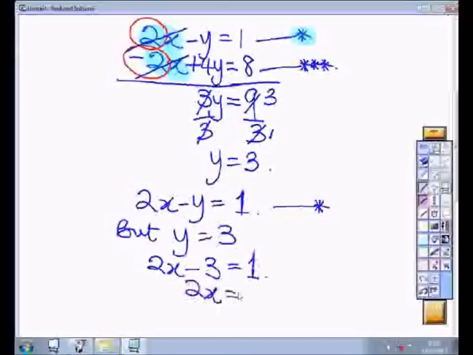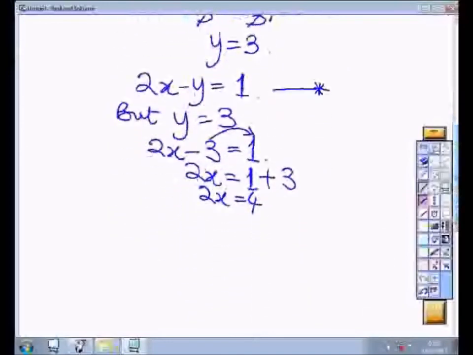So that we have here 2x is equal to, when this one goes to the right hand side, we have 1. The minus 3 is changing to plus 3. So we have 2x is equal to 4.